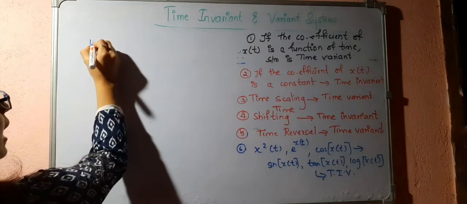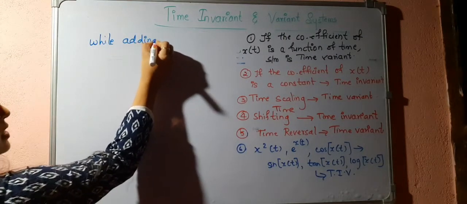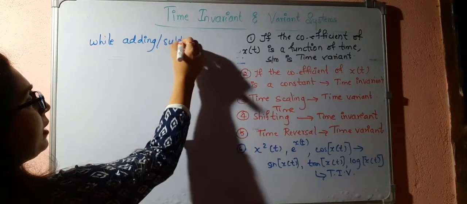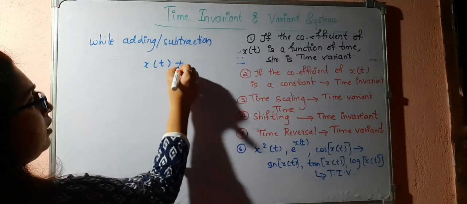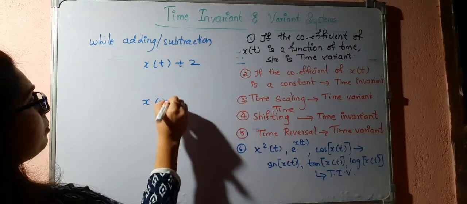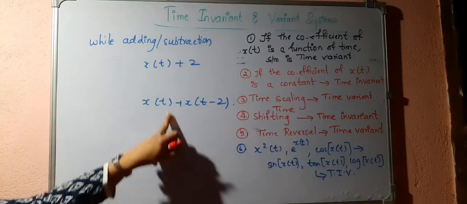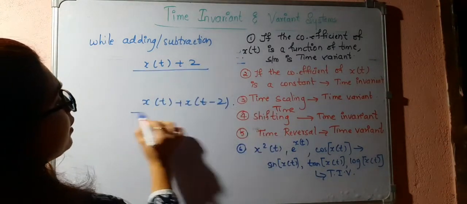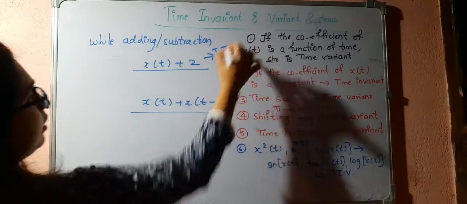While adding or subtracting two signals, if I am adding a constant to the signal, like x of t minus 2, this is time invariant, right?